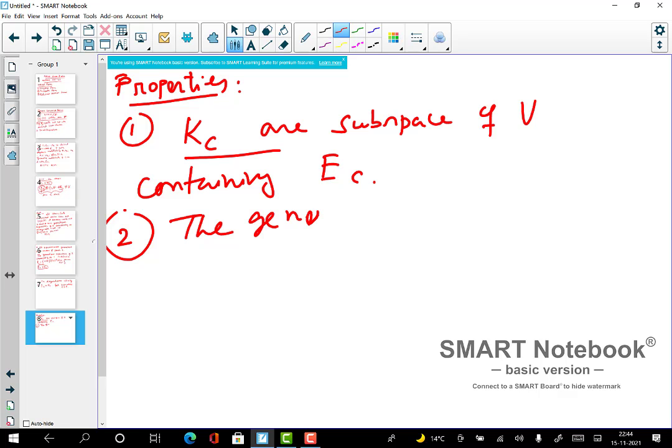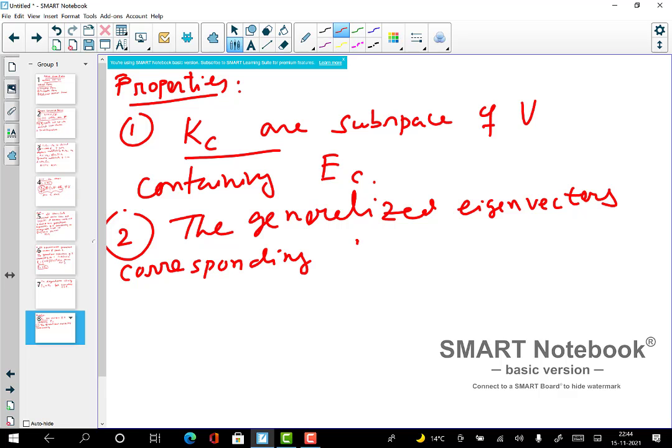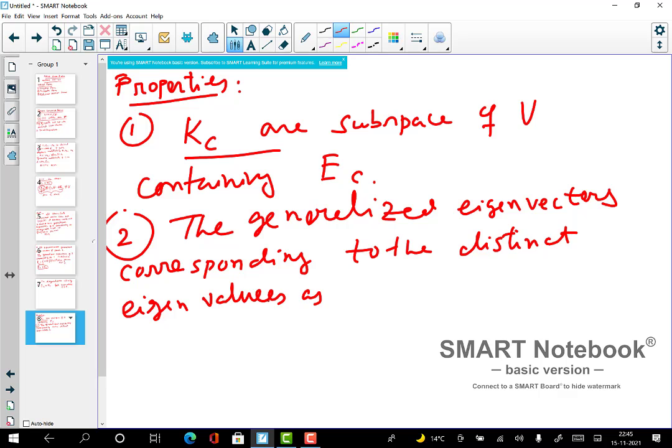So the generalized eigenvectors corresponding to distinct eigenvalues are linearly independent.